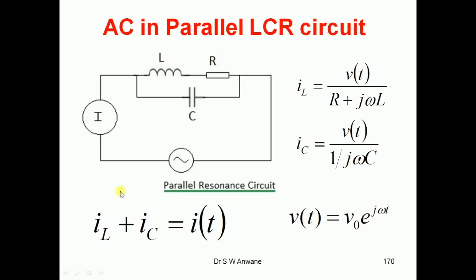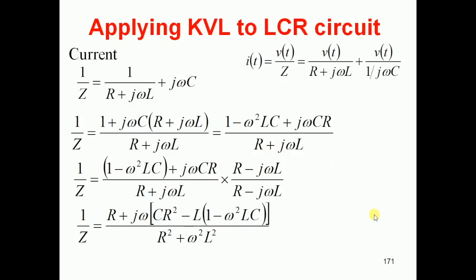Now here we shall consider currents, and total current will be sum of the part going through inductor and capacitor. So instead of Kirchhoff's voltage law, we shall have Kirchhoff's current law. Voltage is being represented by V0 e to the power j omega t.